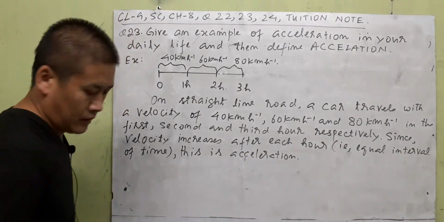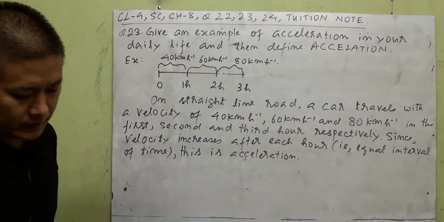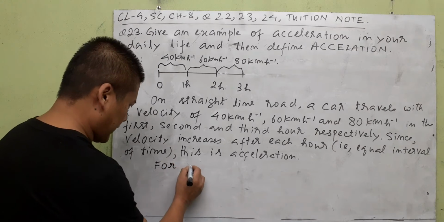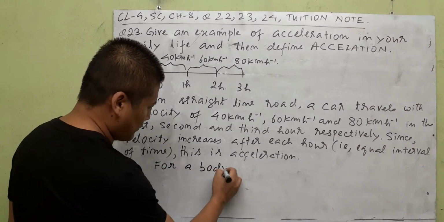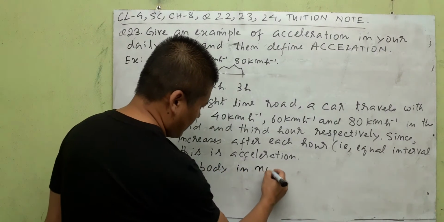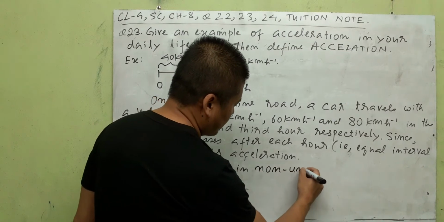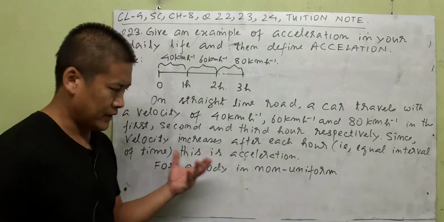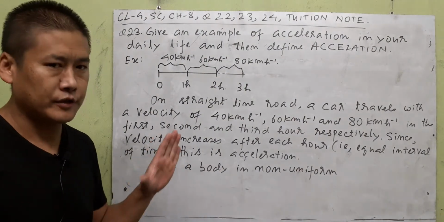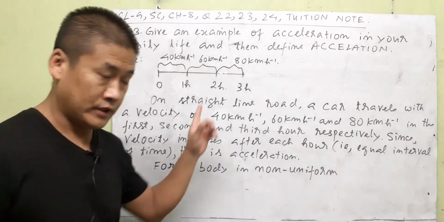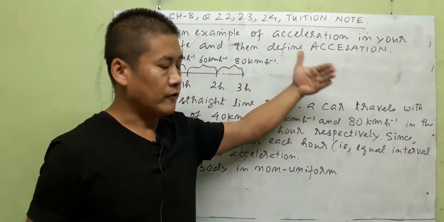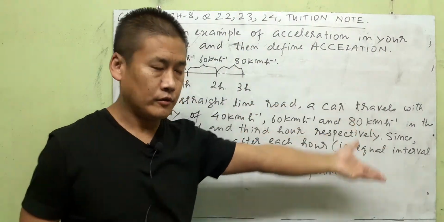So here, let us write down the definition. For a body or object in non-uniform motion, for acceleration to happen, the motion has to be non-uniform. There is no acceleration for uniform motion. We just read that before this, in question 22. For uniform motion, acceleration is always 0, right?